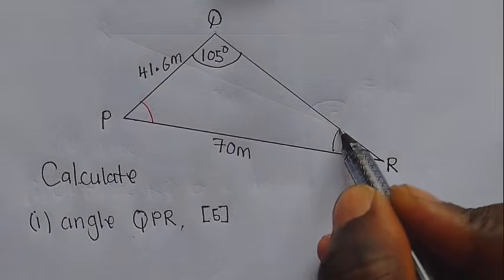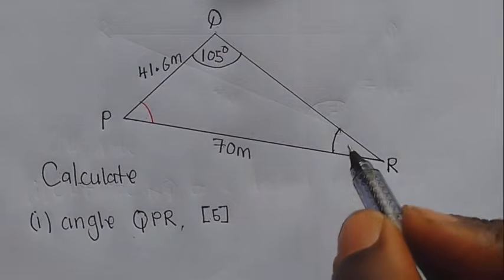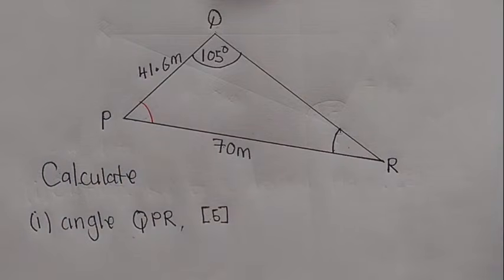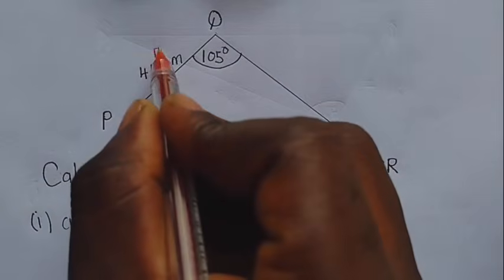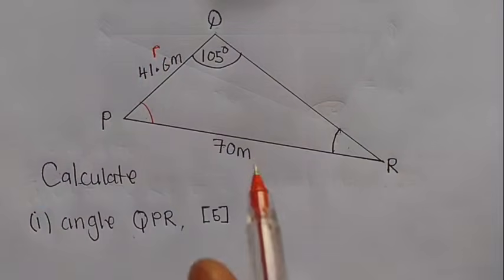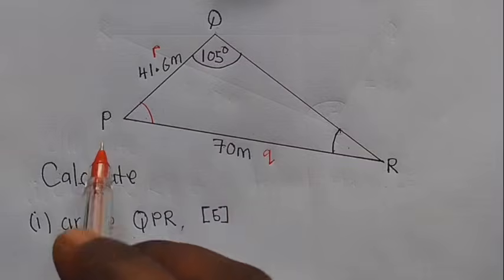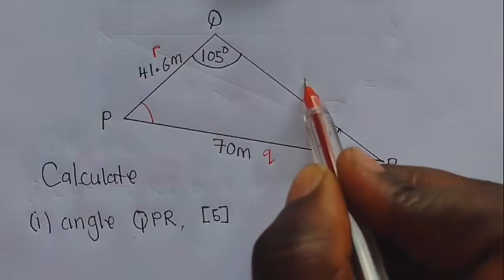So let us identify our sides. This side R is representing an angle, and the corresponding side is small letter r. We have Q here, so small letter q. We have P here, small letter p.